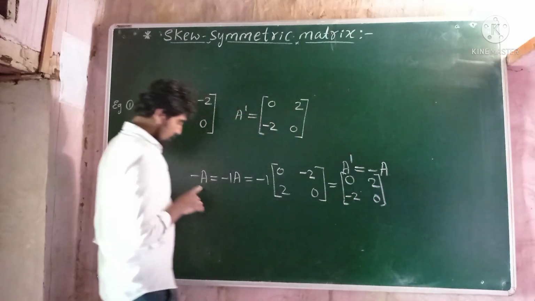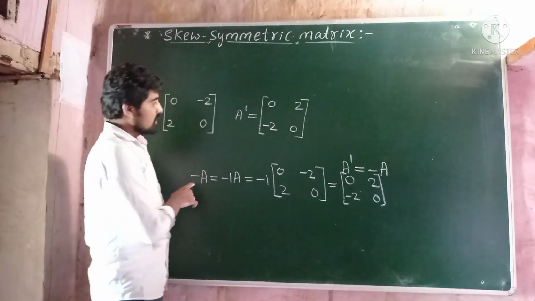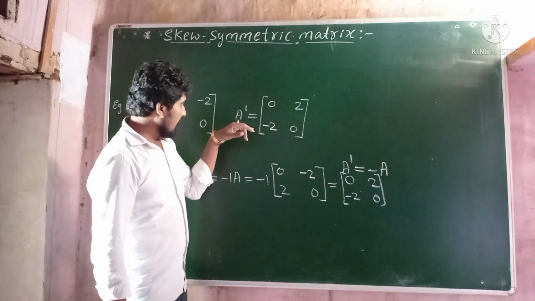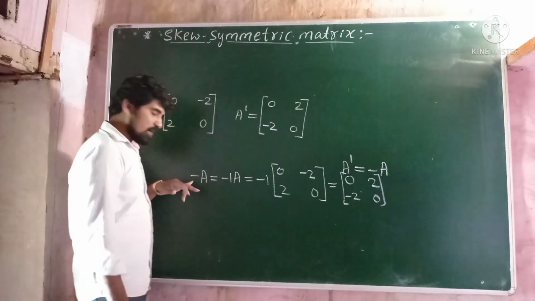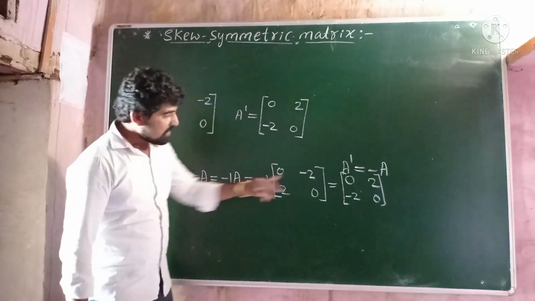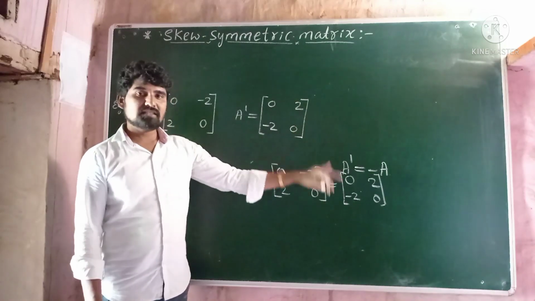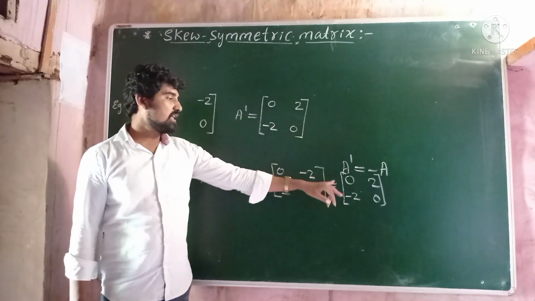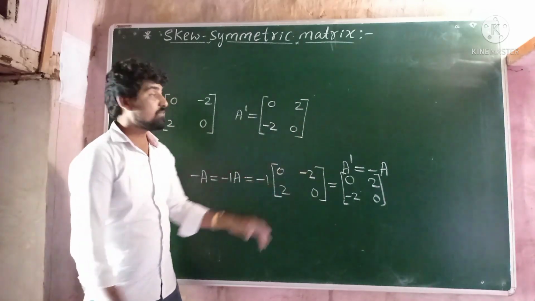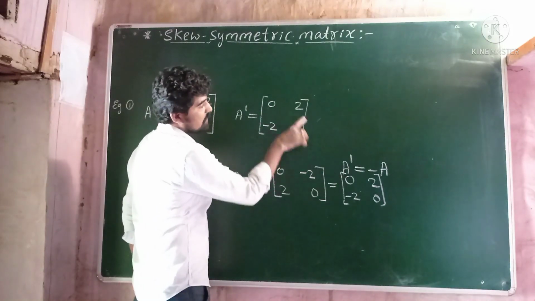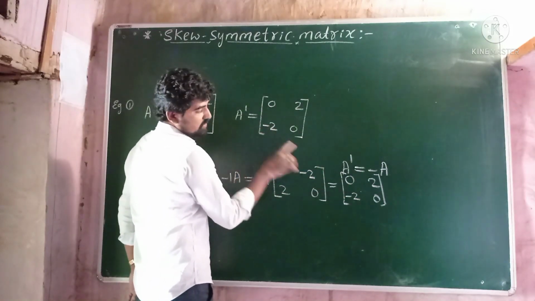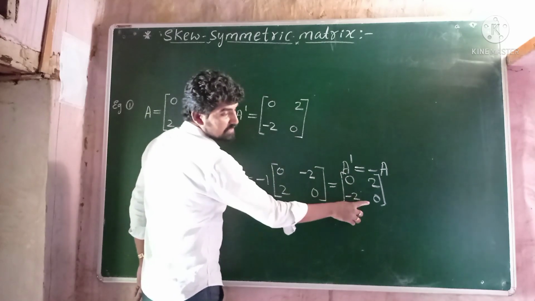This is the minus A matrix. So you may observe here matrix A dash and matrix minus A both are equal matrices. Why? Because corresponding elements of both the matrices are same here: 0, 0, 2, 2, -2, -2, 0, 0.